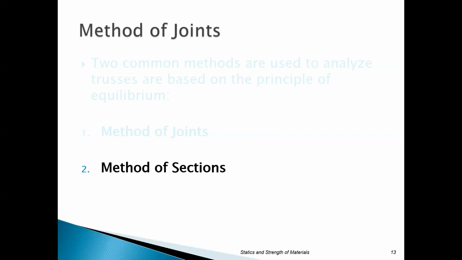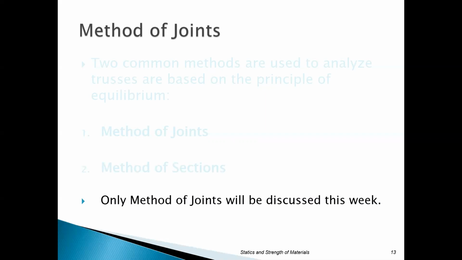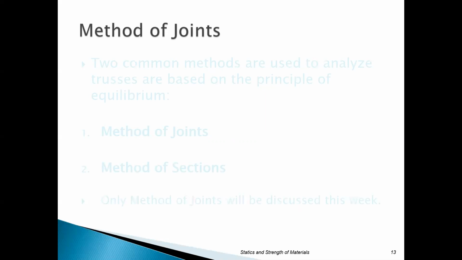So you don't actually get the whole truss, but it's a quicker method. It's probably quicker and cleaner, but you're only getting what you're cutting the section through. And so we'll consider that next week, but we're going to look at the method of joints today. So that's what we're discussing this week.